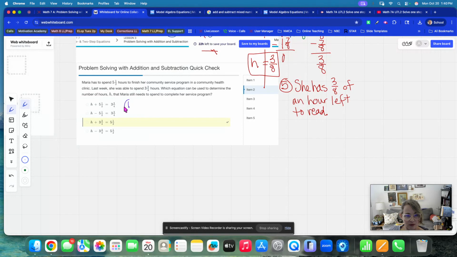was we're going to identify what we know and what we don't know. So 5 1/2 hours, that's her total that she needs to finish. Okay, 3 3/4, that's what she's done already.